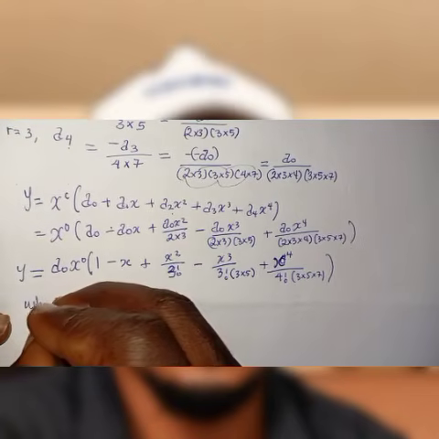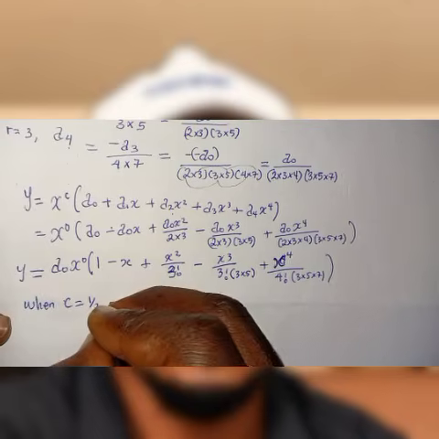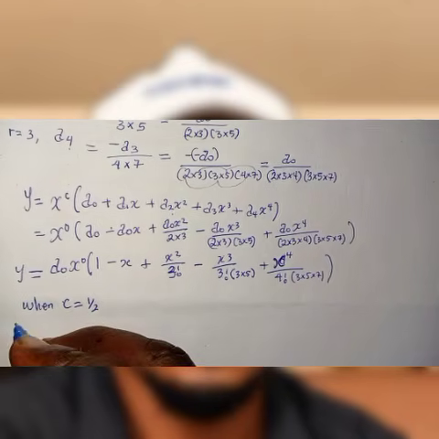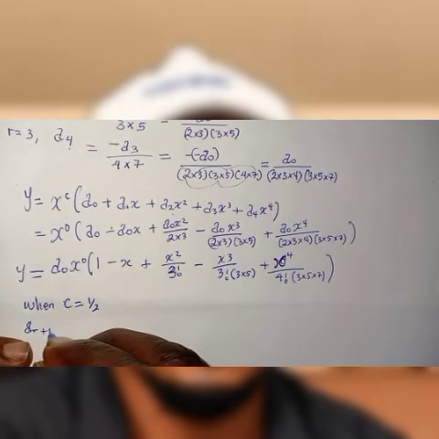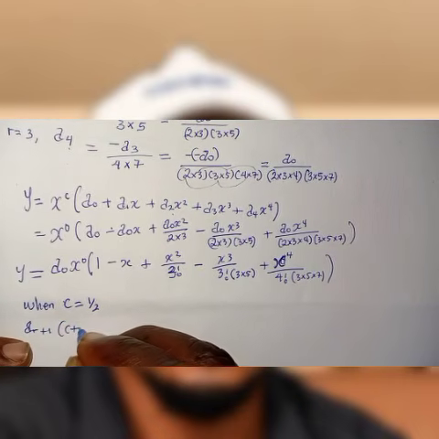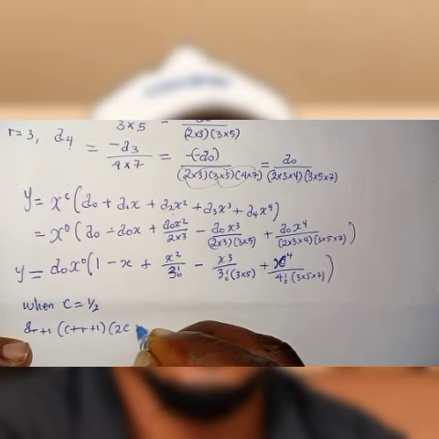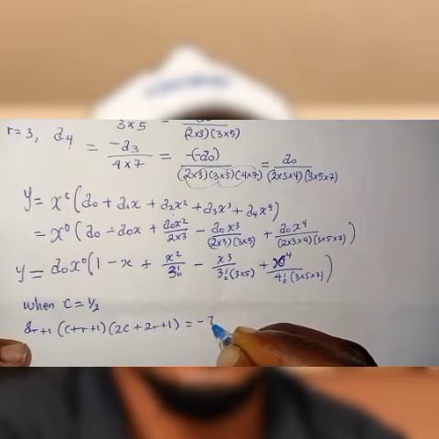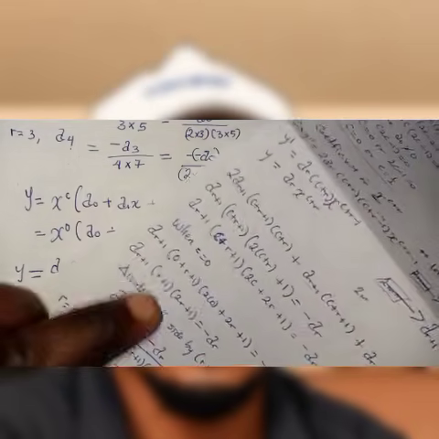Now when c equals 1 over 2, if you remember our equation, c plus r plus 1, 2c plus 2r plus 1 equals minus r. Remember this.